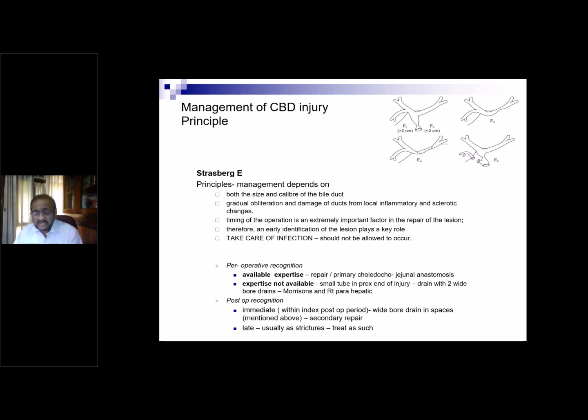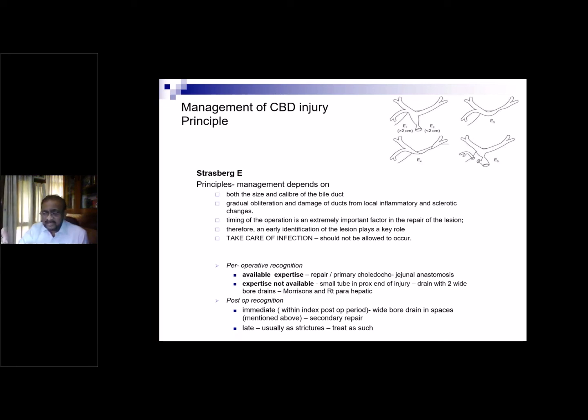If by chance you didn't recognize it operatively and came up with a post-operative diagnosis of damage, immediately you should put in a wide bore drain in the spaces as mentioned above, and prepare this patient for secondary repair after you have drained everything and taken care of the infection.